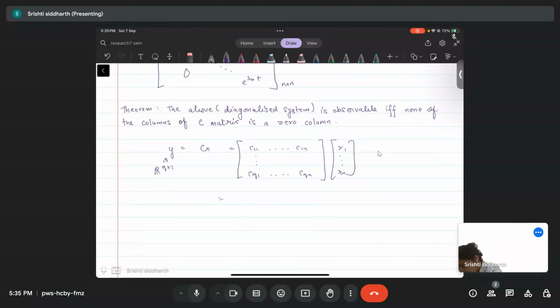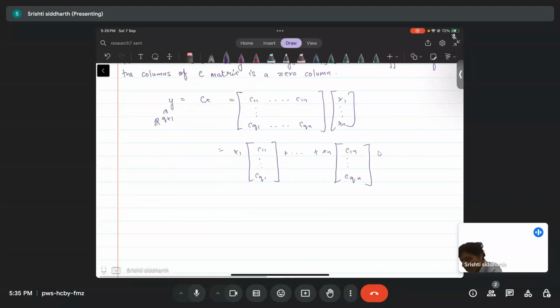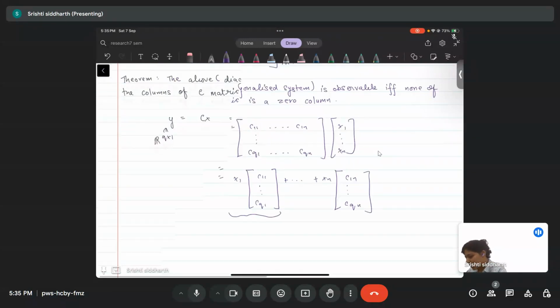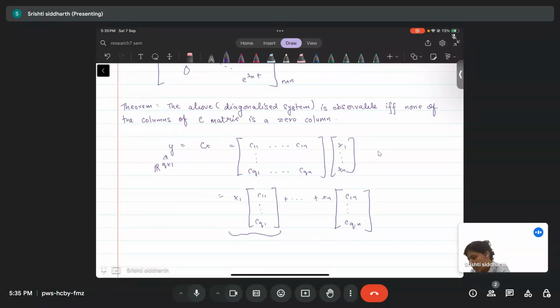You can write this right hand side as x1 times the first column, C11 up to Cq1, up to xn times the last column. So this is a linear combination of the columns of the C matrix. If any of these columns are 0, then this term vanishes from the measurement and we say that particular state is not observable. That's why the theorem states that the system is observable if and only if none of the columns of the C matrix is a zero column.